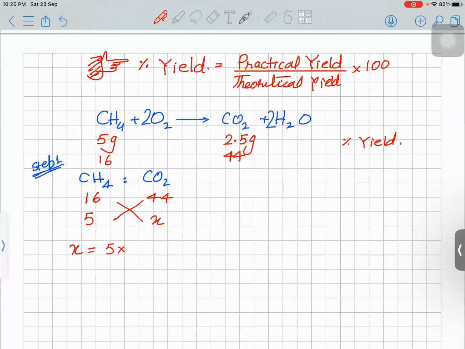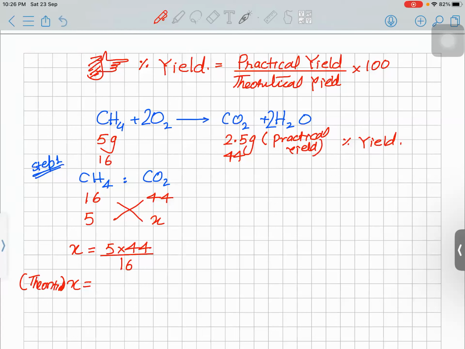This is theoretical yield. And practical yield is 2.5. Sir, isn't 2.5 already given? Yes, 2.5 is practical yield. Sir, isn't 5 also practical yield?